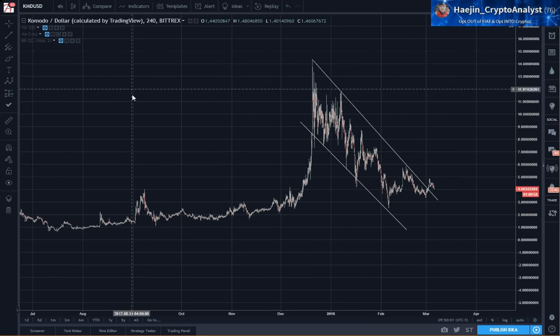So here's KOMODO to the dollar. The reason why I do it to the dollar, even if there is no dollar pair on exchanges, and I'll say it again, is that when you analyze it to the dollar, you have one variable, and that is a change in the demand for that coin.